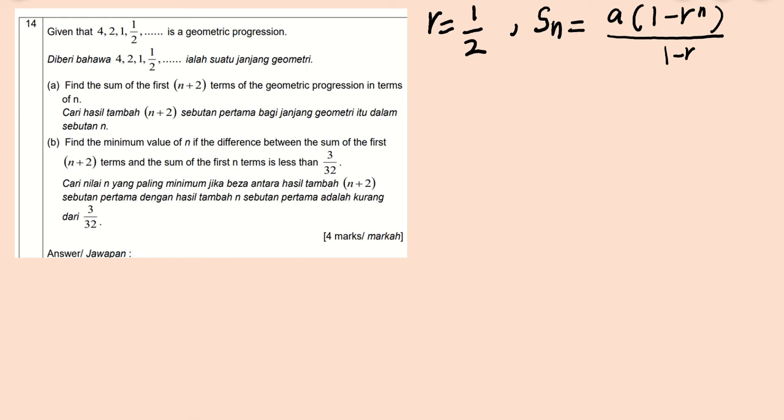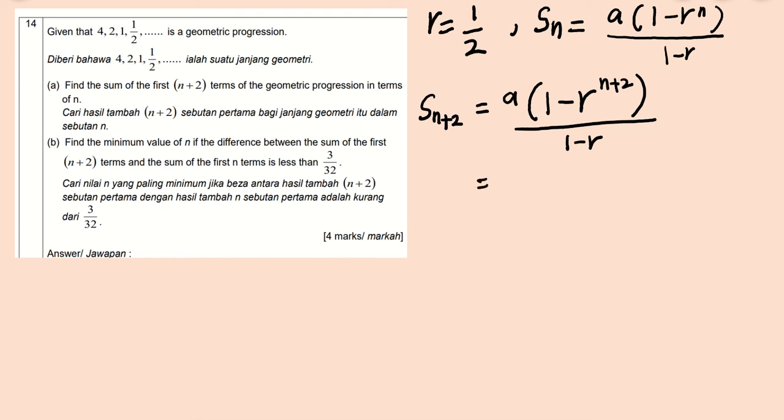Sebab kita punya r is 1/2, so kita pakai formula ni lah. Kita nak modify formula itu as n plus 2. So, dia punya formula akan jadi a in bracket 1 minus r to the power of n plus 2 over 1 minus r.